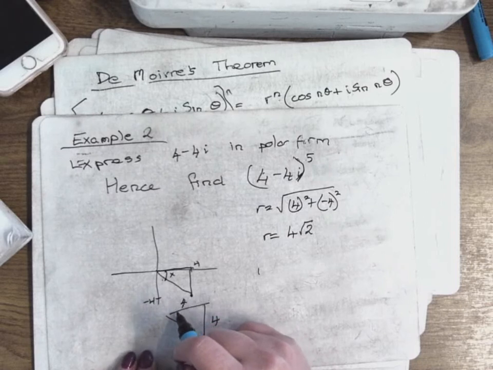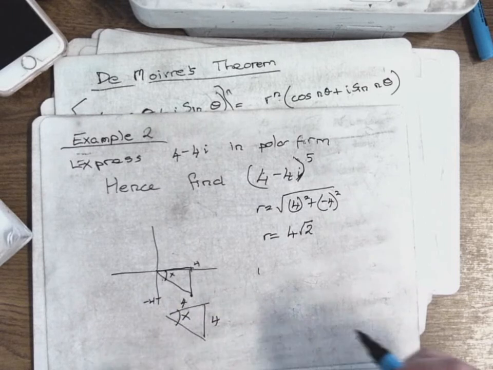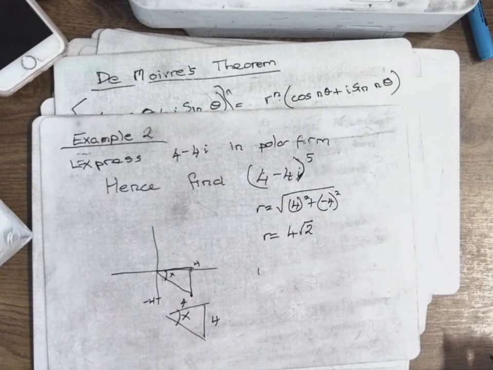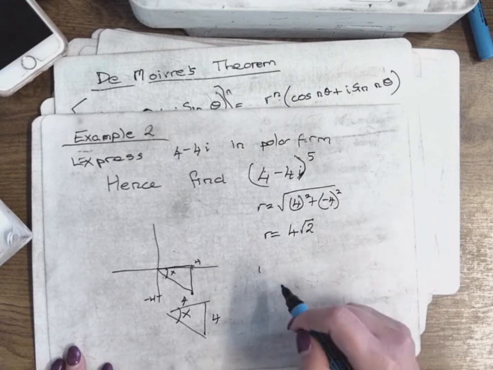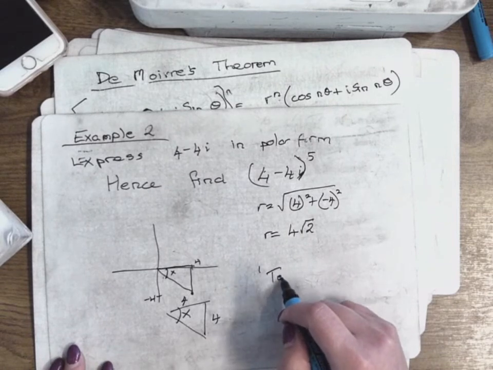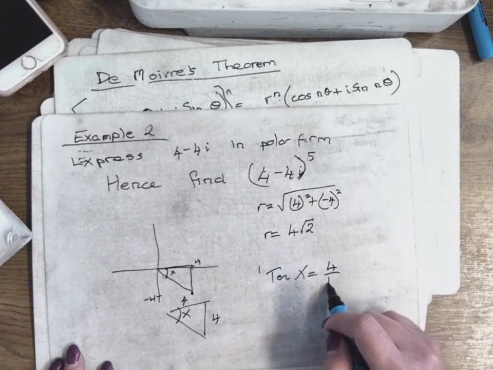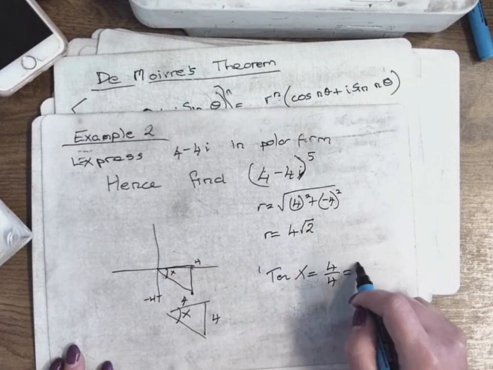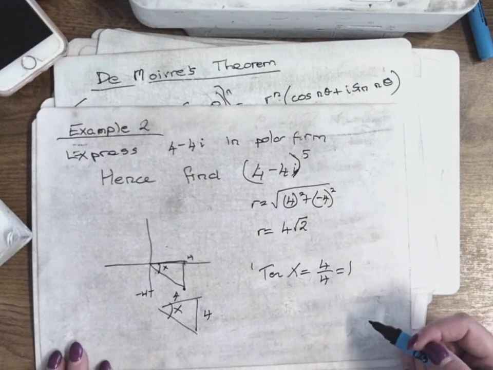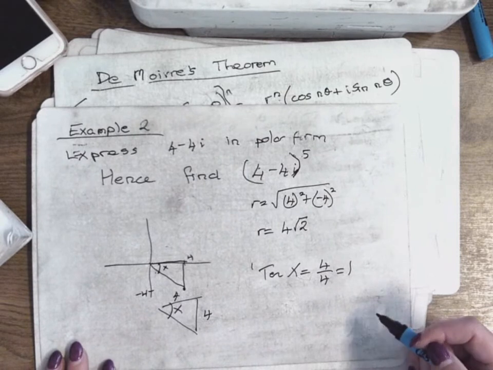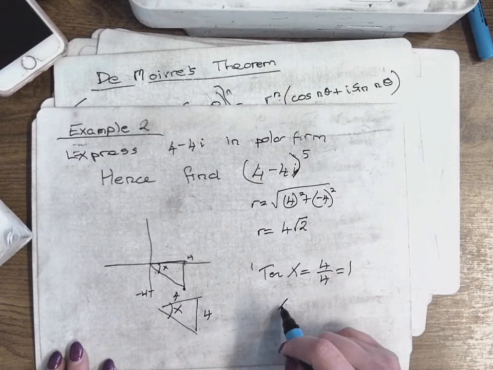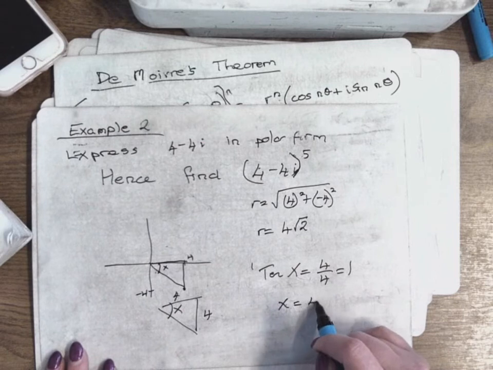Remember, don't worry about the negatives. If you put in the negatives, you'll end up with the wrong answer. It's just measurements of lines, so always take the positive. So tan of x is opposite over adjacent, which is 4 over 4, which is 1. The inverse tan of 1 is 45 degrees. So x is equal to 45 degrees.